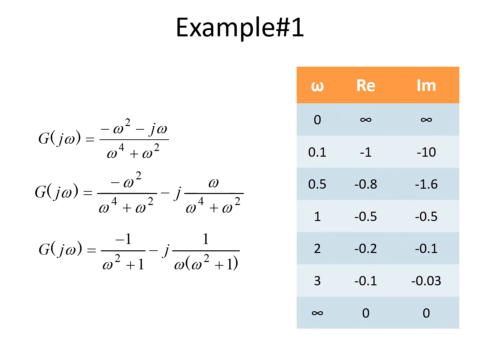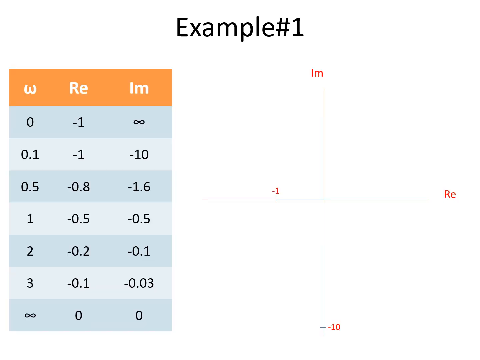Now construct a table by varying the omega value from 0 to infinity. For a few values we are determining the real and imaginary values, that is 0.1, 0.5, 1, 2, 3 and so on. These are our real values and these are our imaginary values, which we are now going to plot in the form of a graph. Start plotting from omega equal to 0. So omega equal to 0.1, omega equal to 0.5, omega equal to 1.